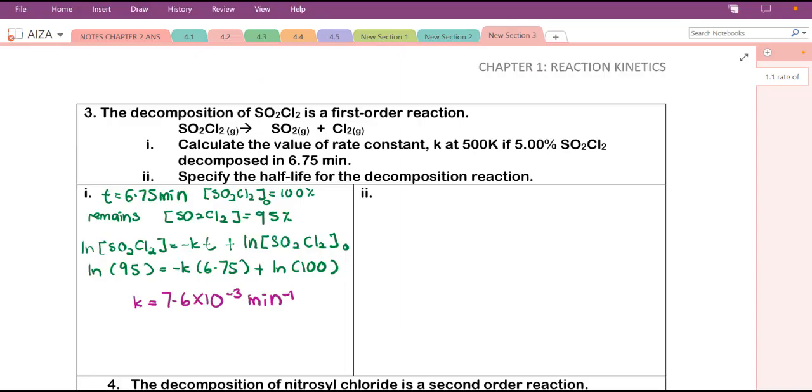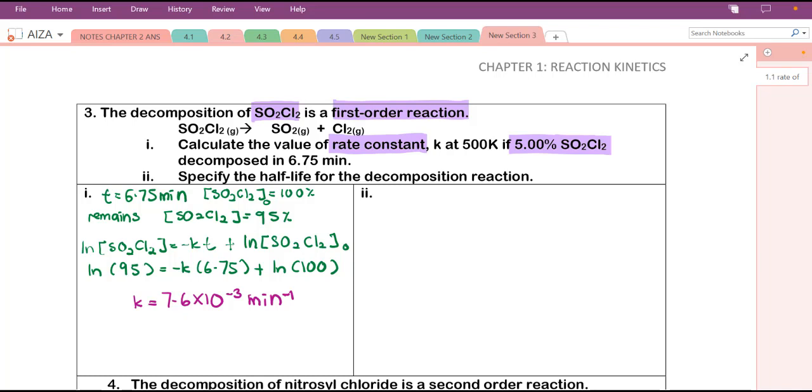Example 3, the decomposition of SO2Cl2 is a first order reaction. Calculate the value of rate constant k at 500 Kelvin if 5% of SO2Cl2 decomposes in 6.75 minutes. So this is a first order reaction.